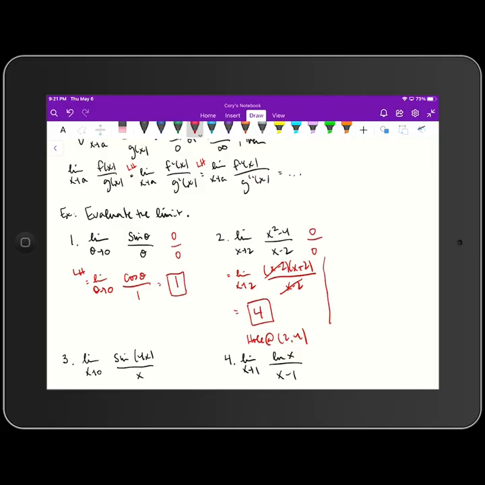Now, if when we use direct substitution we get something of the form 0 over 0, that also tells us that this limit is a candidate for L'Hopital's rule. So if I want to use L'Hopital's rule to evaluate the limit, that becomes the limit as x approaches 2 of the derivative of the numerator, which is 2x, divided by the derivative of the denominator, which is 1.